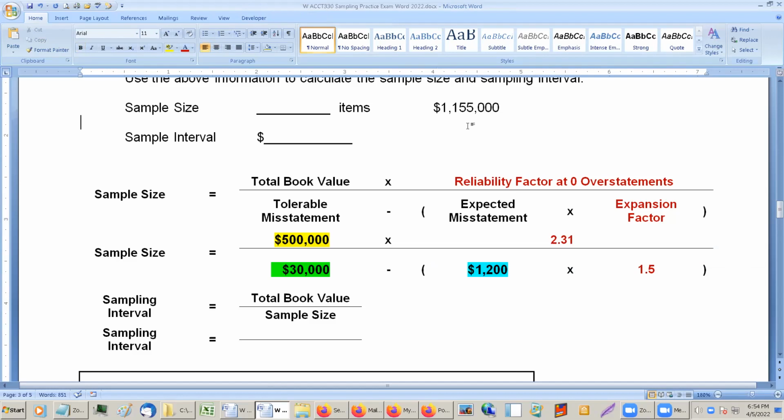So this is divided by 30,000 minus 1,800. 1,200 times 1.5 is 1,800.